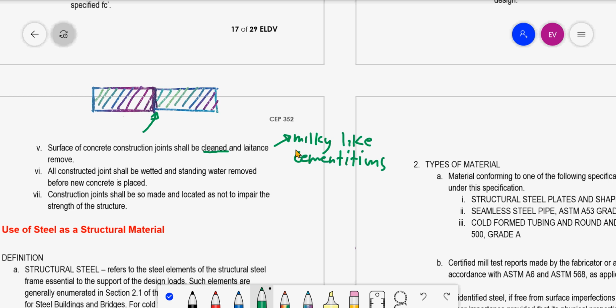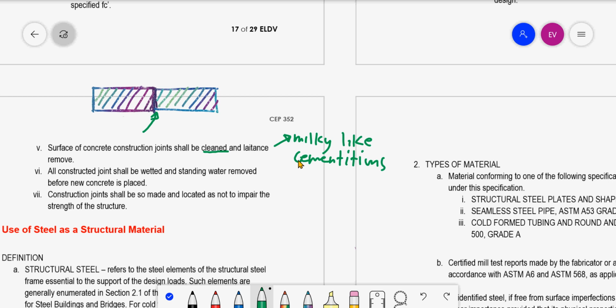The presence of such material can actually harm the concrete because it can affect the hydration process, and we all know that hydration is the key to achieving a very good and a very strong concrete.